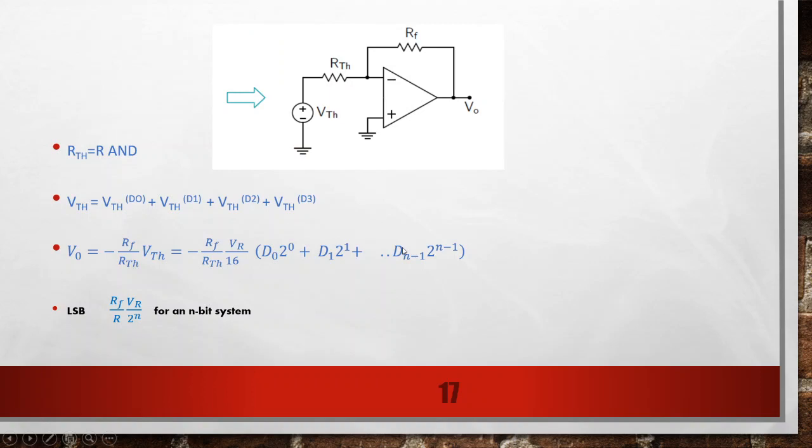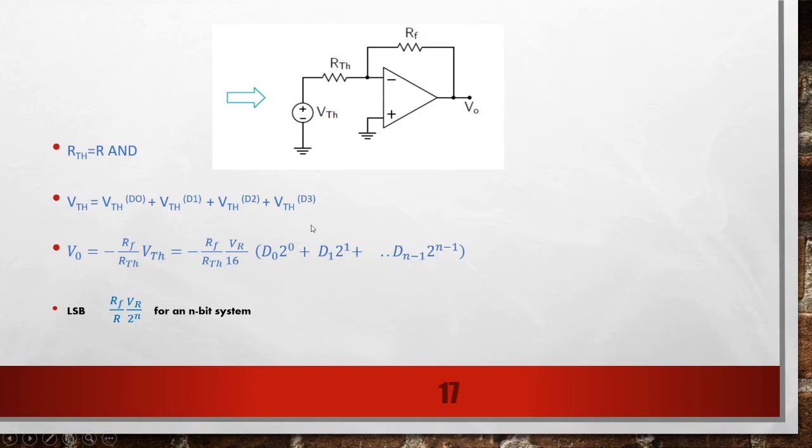Moving in a similar manner, say we apply the principle of superposition, then for each combination of inputs we will get a contribution of VTH, say VTH for the D0 position, similarly for D1, D2 and D3. This, as we saw, becomes VR by 16, this is VR by 8, this is VR by 2, and this will be VR.